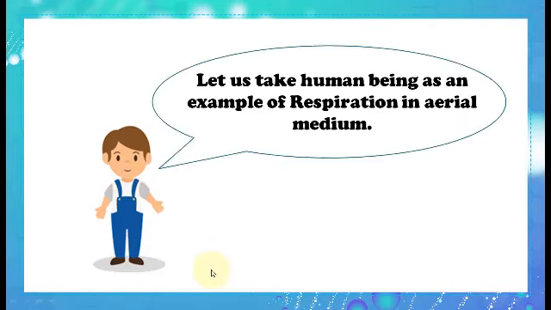Since the respiratory medium in human beings is the air, the mode of respiration in humans is respiration in aerial medium. So let us take the human being as an example of respiration in aerial medium.